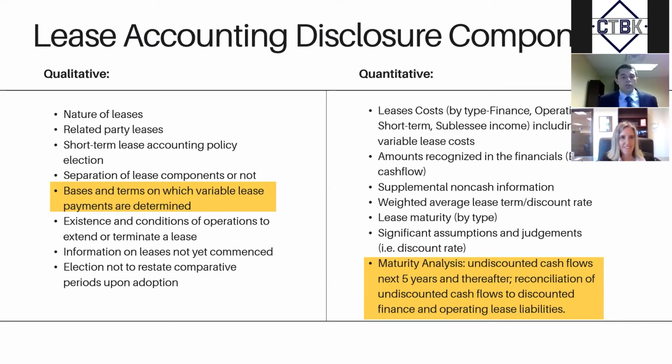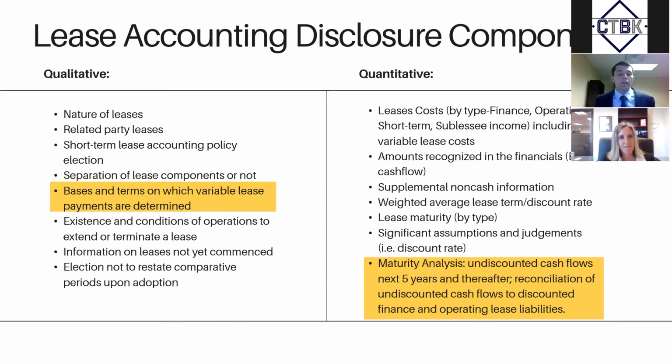So the disclosure objective of topic 842 is to provide financial statement users sufficient information to assess the amount, timing, and uncertainty of cash flows arising from leases.